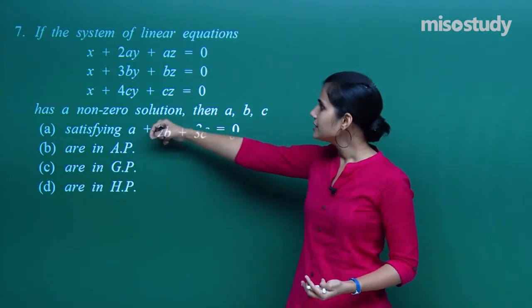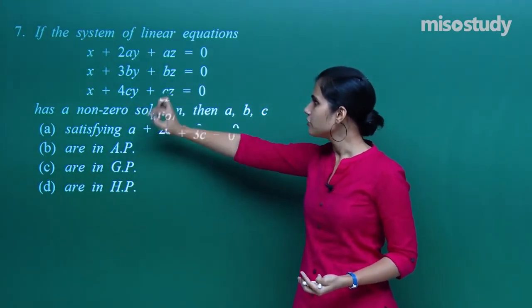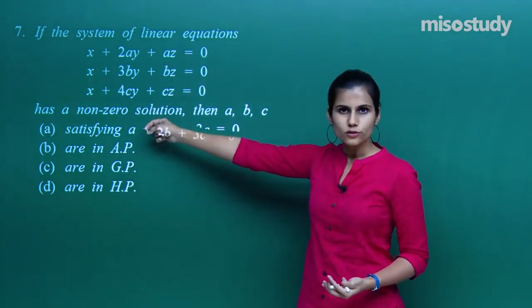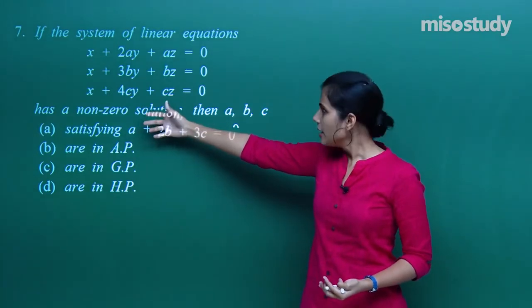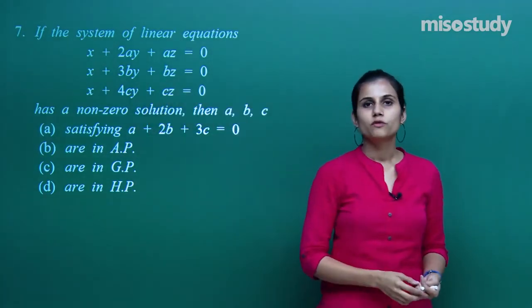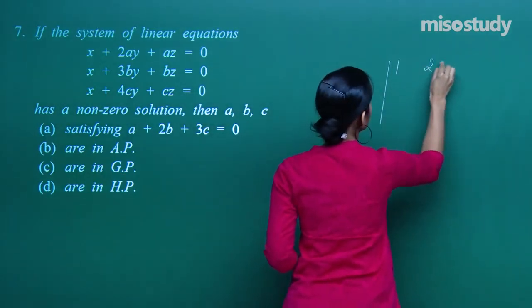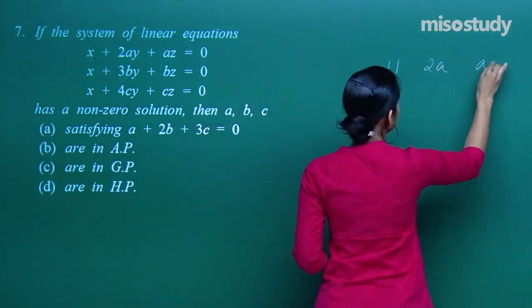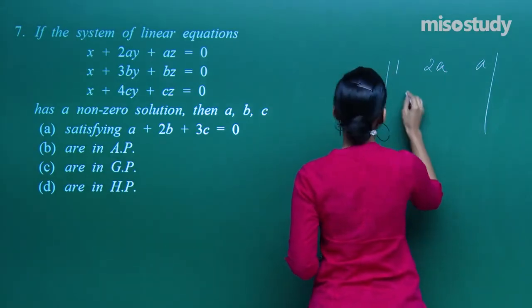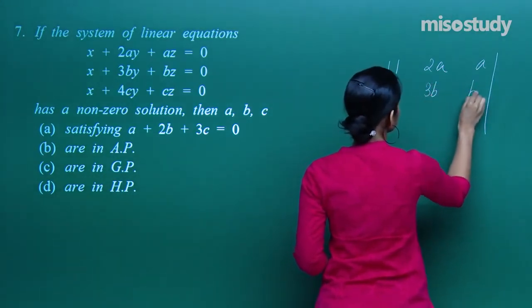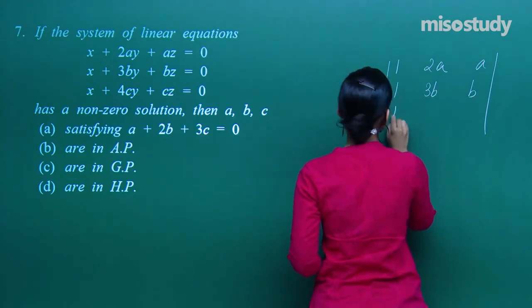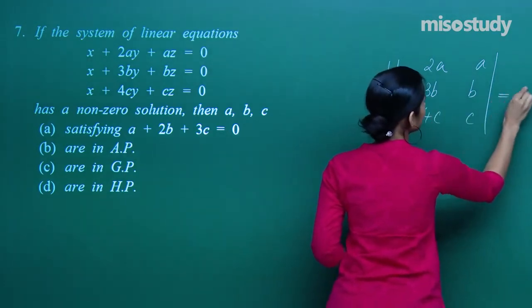So if this homogeneous system of equations in 3 variables has a non-zero solution, that means the determinant of the coefficient matrix is 0. So you have 1, 2A, A, then 1, 3B, B, then 1, 4C, C. This determinant is 0.